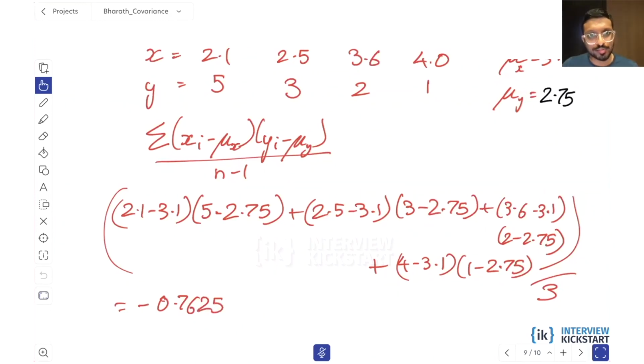What that means is that the quantities x and y vary negatively with each other, which means as x increases, y decreases, which is what we see over here. So that's another example of how to calculate covariance, and hopefully between these two examples you get a sense of what covariance is and how we can calculate it for data sets of this nature.